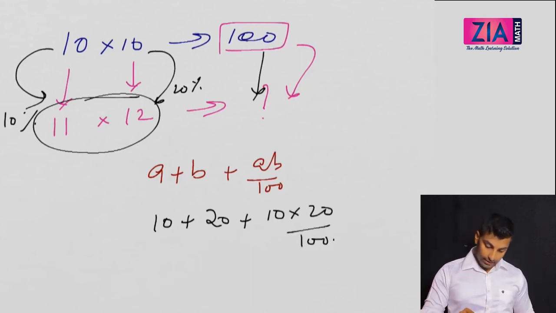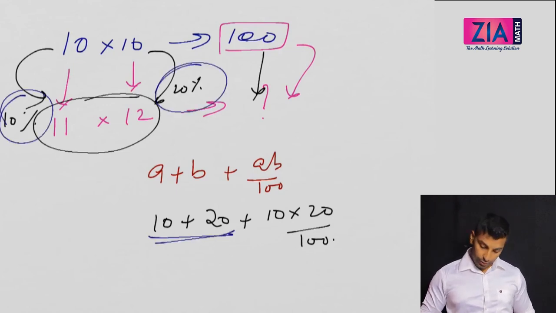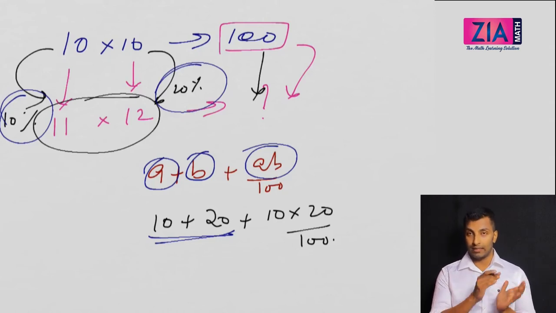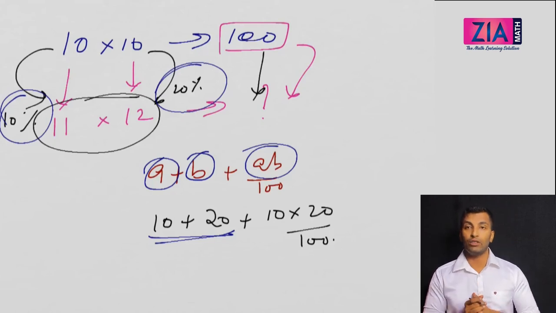Here, these 10 and 20 are the respective percentage changes. So just put A, B values and substitute and you'll get the answer. But rather than doing this, how can you visualize it with the previous concept that we have discussed? It's very similar to the successive increase or decrease that we have learned in case of percentage. So how are we going to apply the successive rule here?